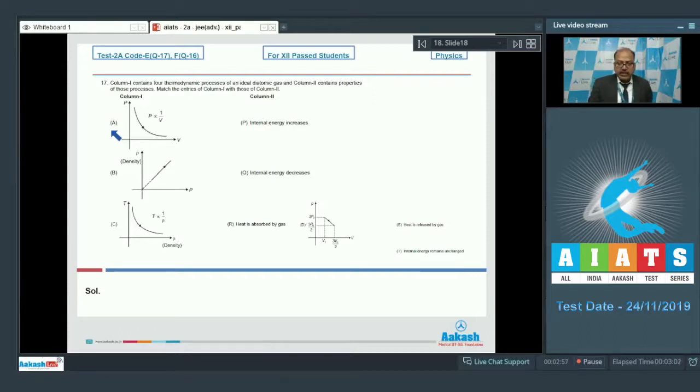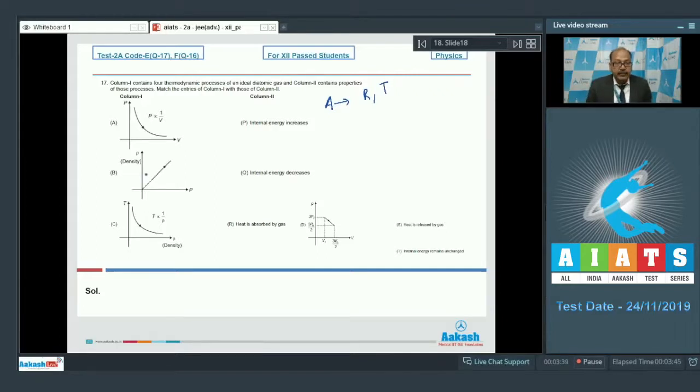Now in isothermal expansion, obviously internal energy remains constant and work done is positive. That means delta Q is also positive, which means for A, the options that will match is internal energy remains unchanged and heat is absorbed by gas. That means A matches with R and T.